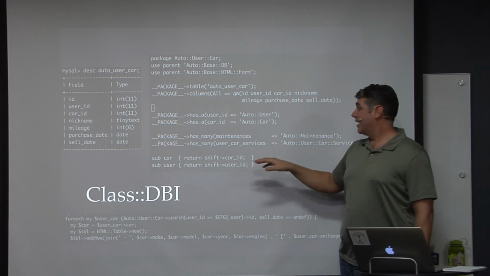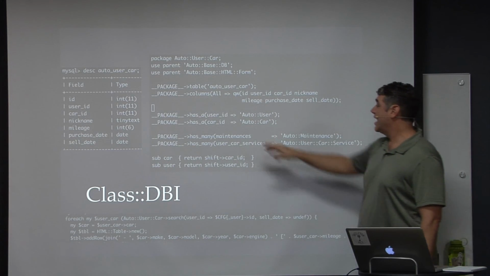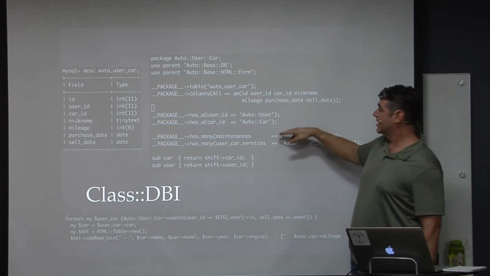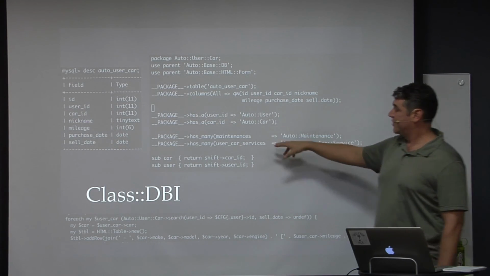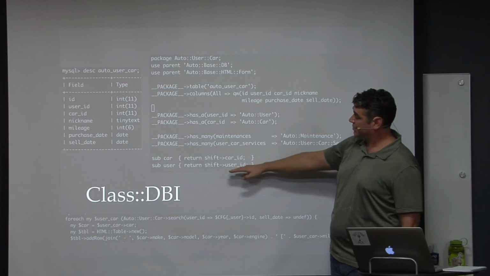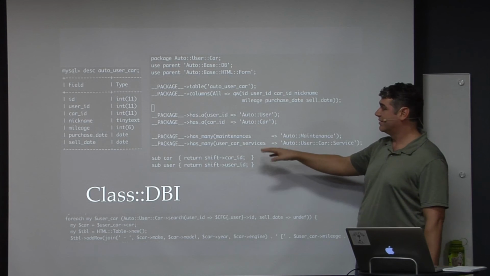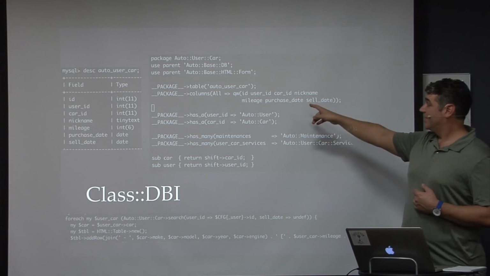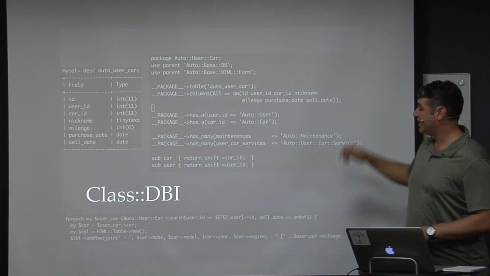It also has a car ID, which points to my auto car DTO. It has many maintenances, which is the auto maintenance DTO. These are all representative of other tables in the database, and these are the relationships between them. So in this little piece of code, and these are just little helpers that I made, you'll see that in a second, I've been able to describe what my database is, what the relationships are, and Class::DBI helps me out with them.